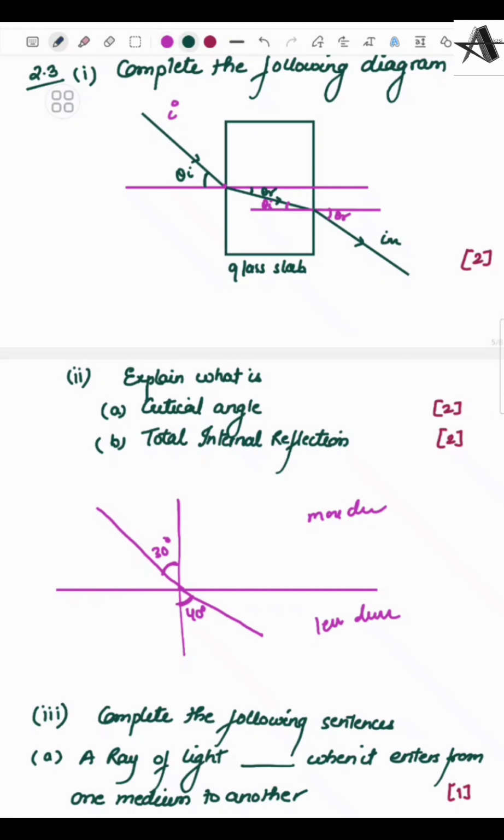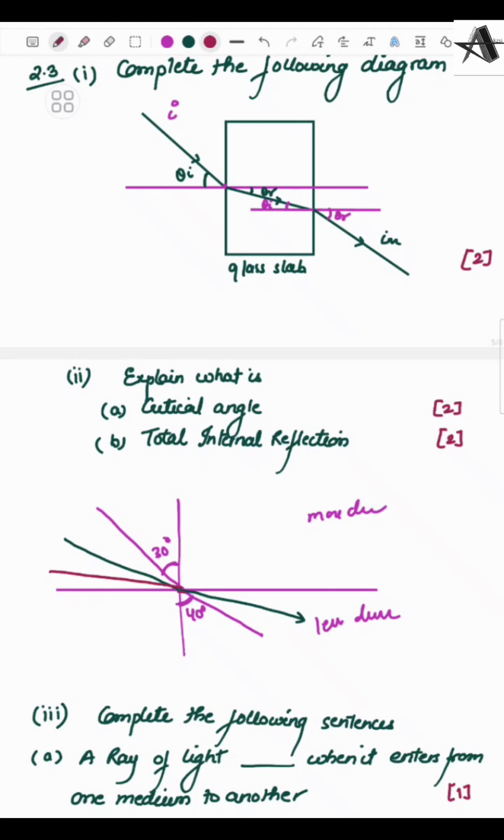Suppose you have increased the angle of incidence. Definitely the angle of refraction will also increase. So it will be like this. That means it will move away more from the normal. Then you have increased it more.